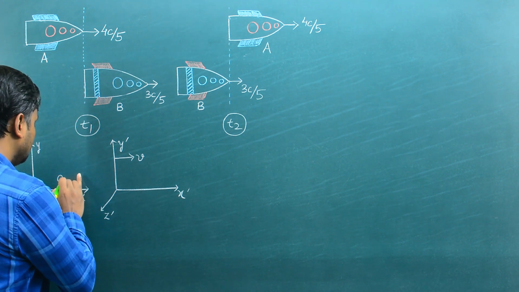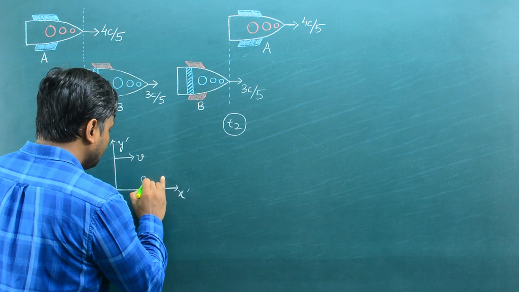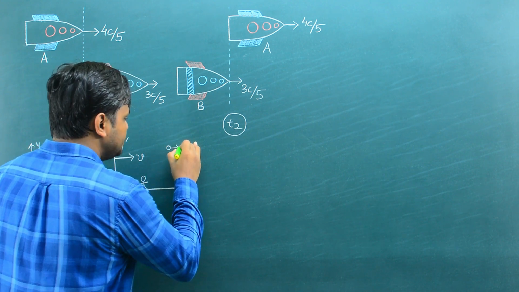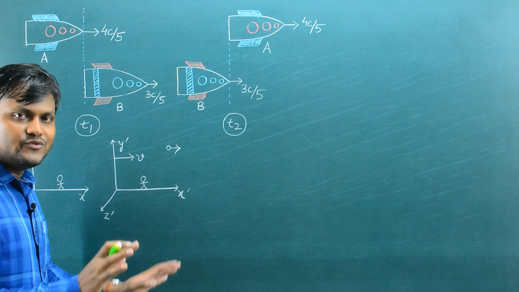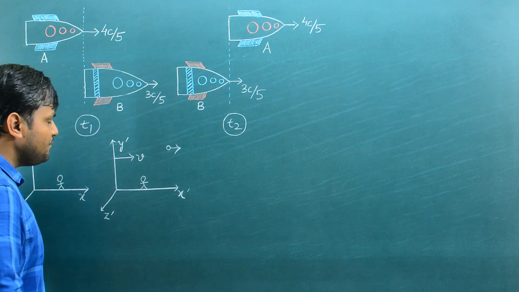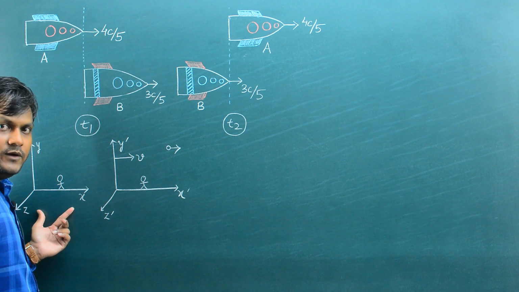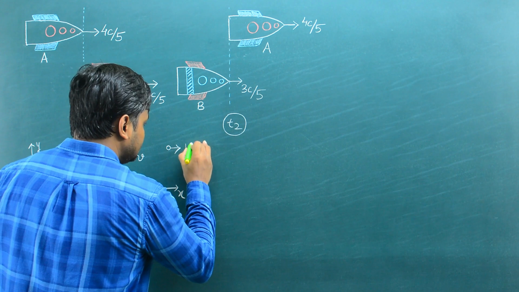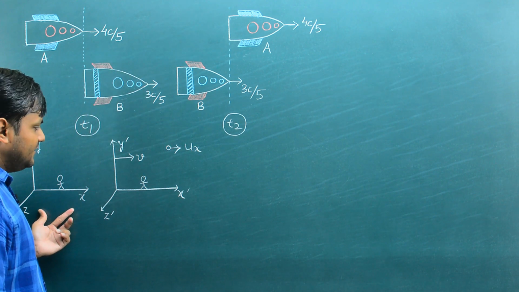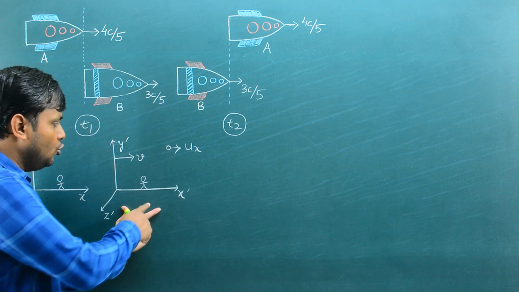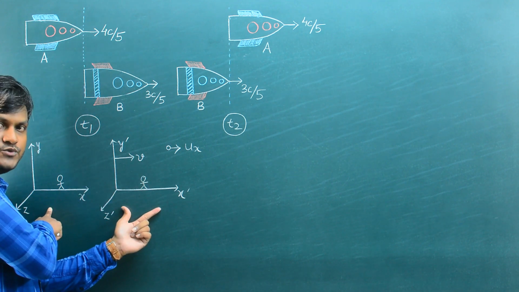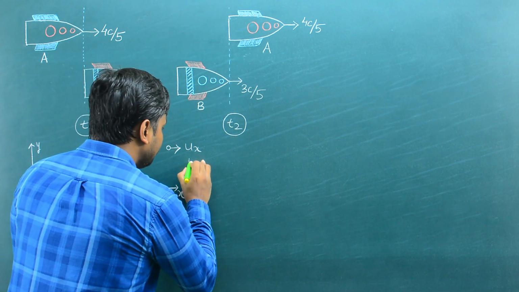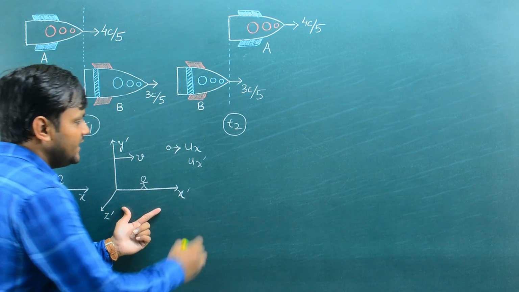If there are two observers in these two frames trying to measure the velocity of some external object, and we are only interested in the velocity components along the x-axis, then according to the first observer, the velocity component of this object along the x-axis is ux. And according to the second observer, who is in relative motion with respect to the first, the velocity component along the x dash axis is ux dash.